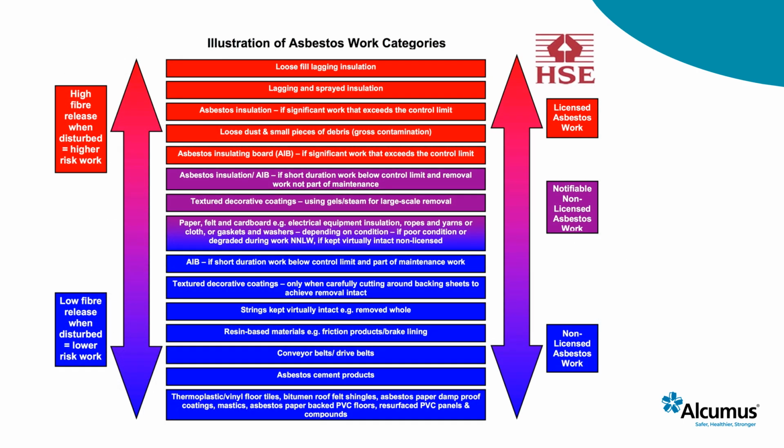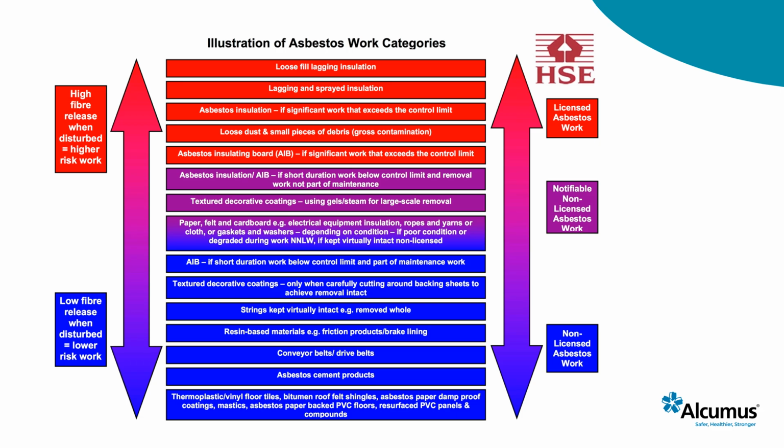As it is highly likely that a building constructed before the year 2000 may have asbestos-containing products in some of the construction materials, it is important to be aware of where the asbestos-containing materials are, so that the appropriate precautions can be taken when working on those materials.